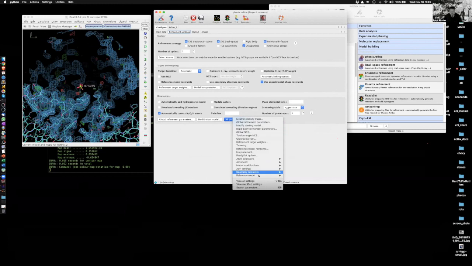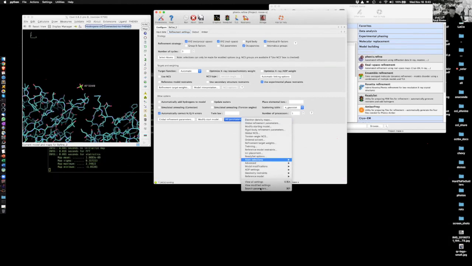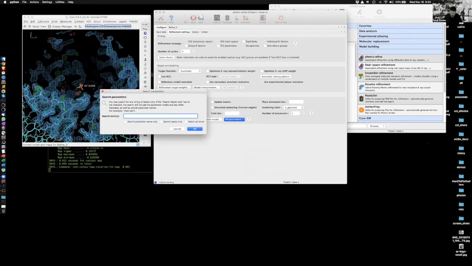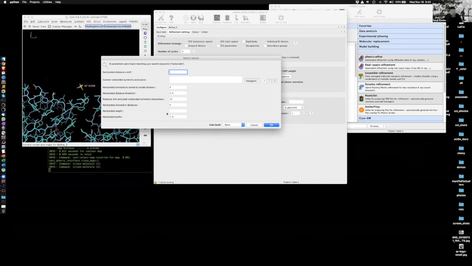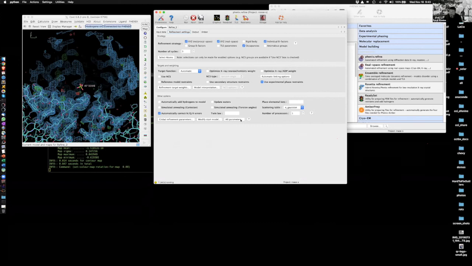So you can search for particular parameters, or we can tell you you need to adjust this non-bonded weight parameter. You go there and type non-bonded, and that gives you non-bonded weight cutoff and all the hints related to non-bonded weight parameter. So that's the idea.